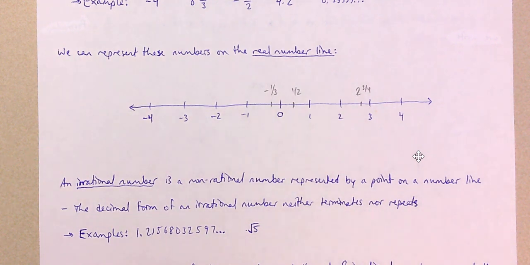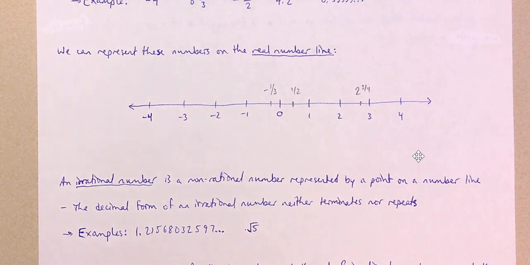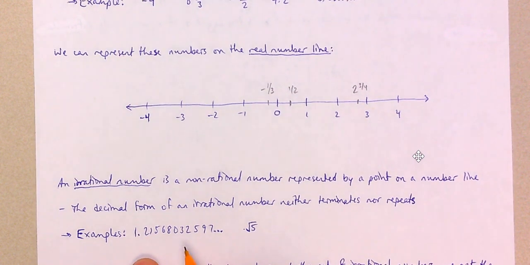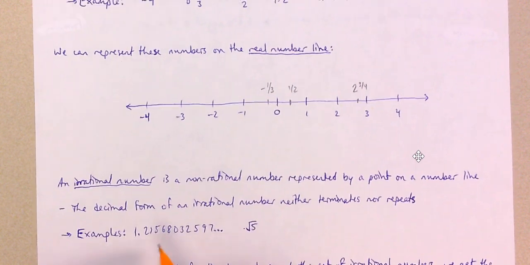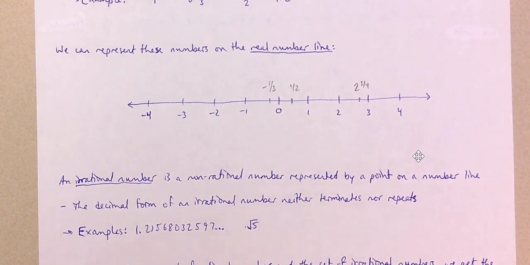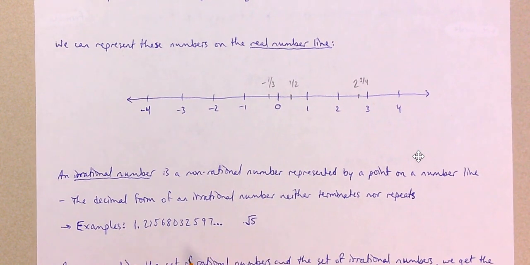So here's a sample. 1.21568032597. There's no pattern happening here. We're not going, say, like 345, 345, 345. It's just random numbers that are following each other, and they're not spread out in any specific kind of pattern.